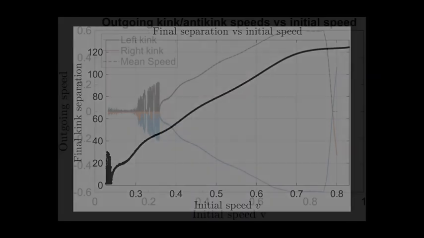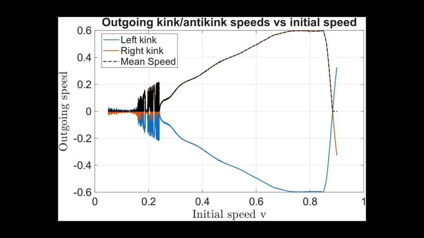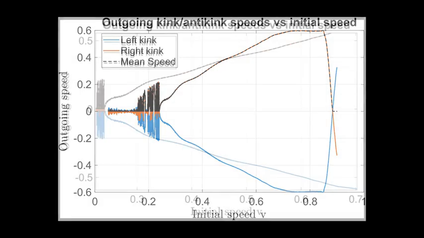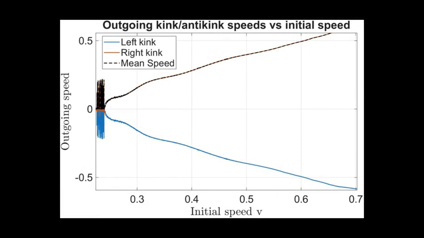For outgoing speeds, I fit a straight line to the peak positions at later times, and then take the slope as the speed. Figure 3 here displays the outgoing speed estimates for the left-moving and the right-moving solitons, and also it shows the mean magnitude. We see that the 2 kinks are approximately symmetric, with only minor numerical errors.